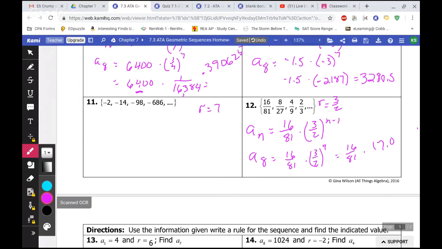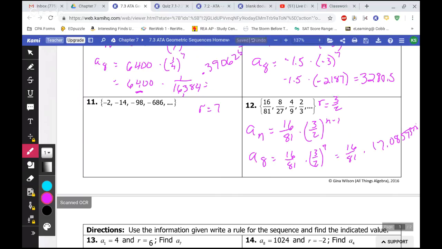Is it very long? Let's see. Is that 17.0859372? Yeah.